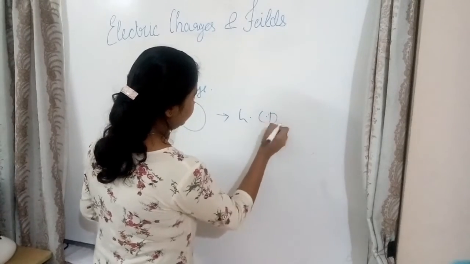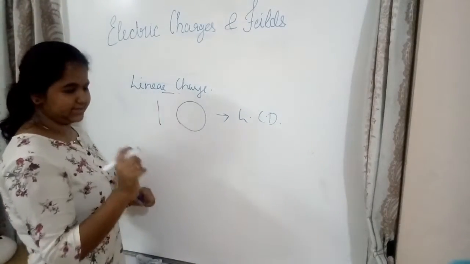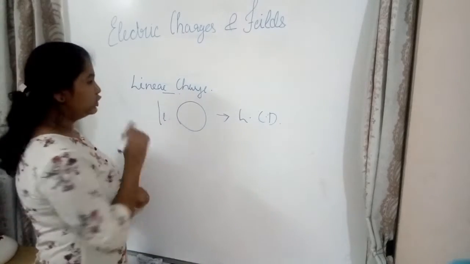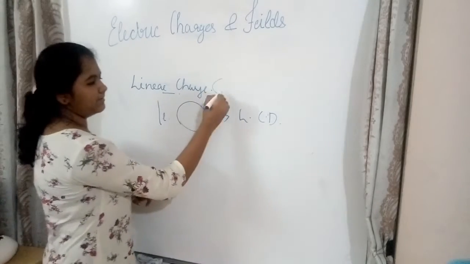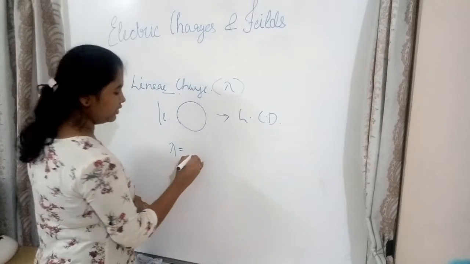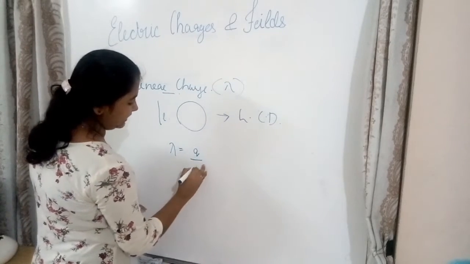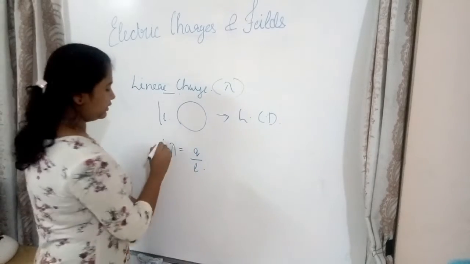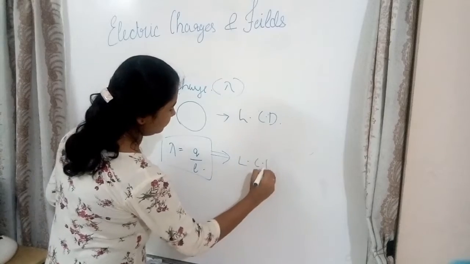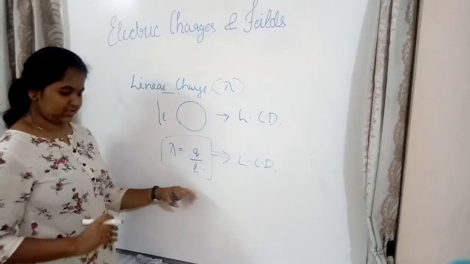If you take this length to be L, linear charge distribution is represented by lambda. So lambda is equal to Q divided by L. This is linear charge distribution.